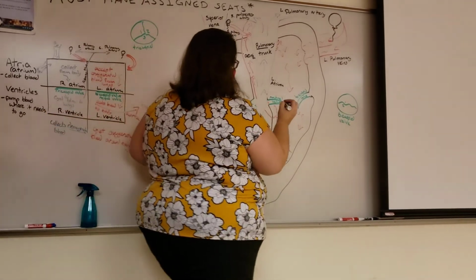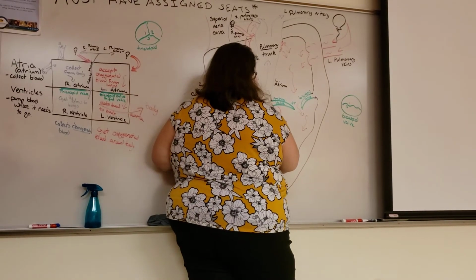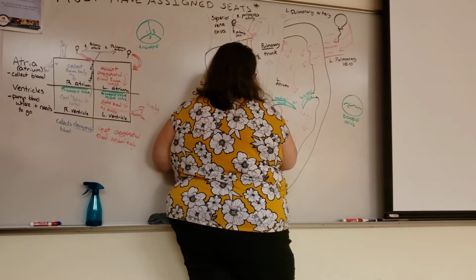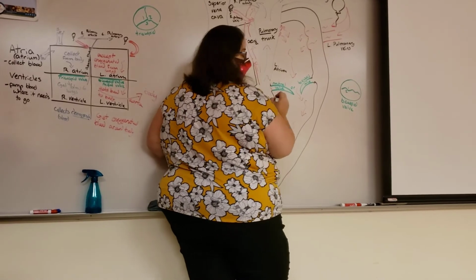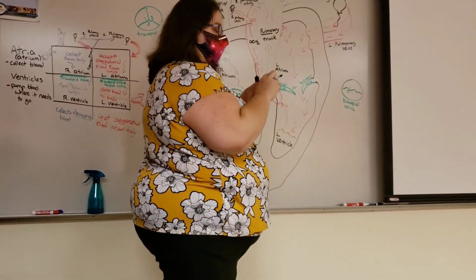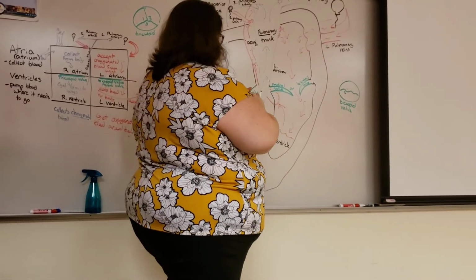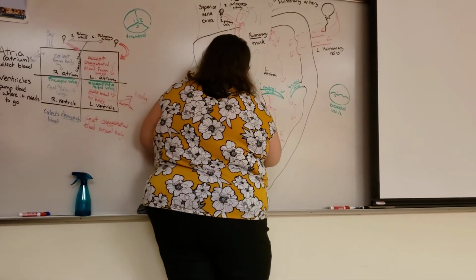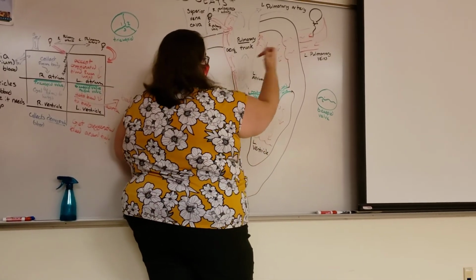These valves, you have one right here at the base of the pulmonary trunk, which is called the pulmonary valve, to prevent blood from going from lungs back to the heart.